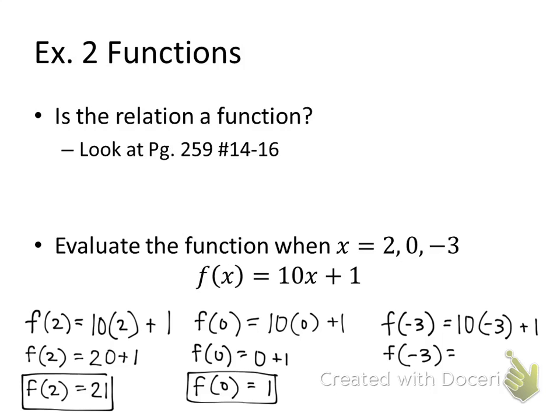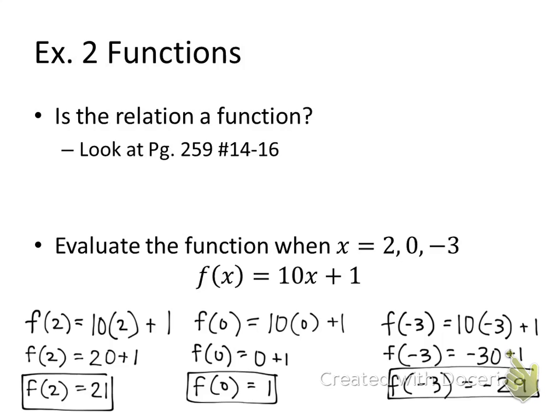I want you to tell me what I should solve first. 10 times negative 3 is? Negative 30. Very good. So for the function of negative 3, negative 30 plus 1 is what? Negative 29. Okay? These are my three answers here.